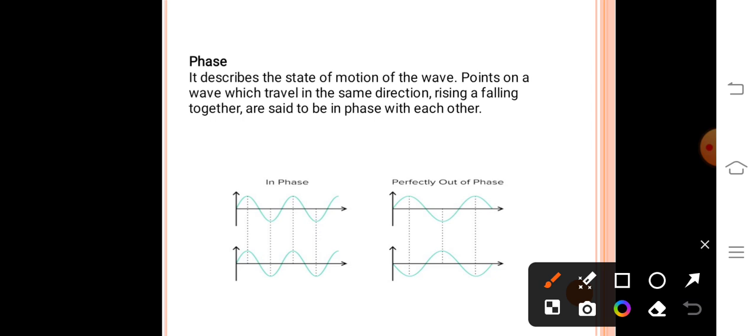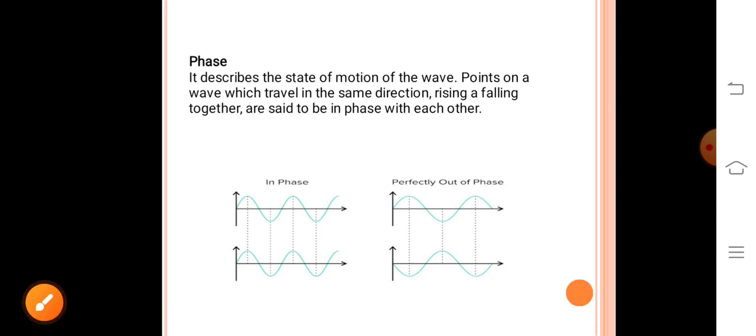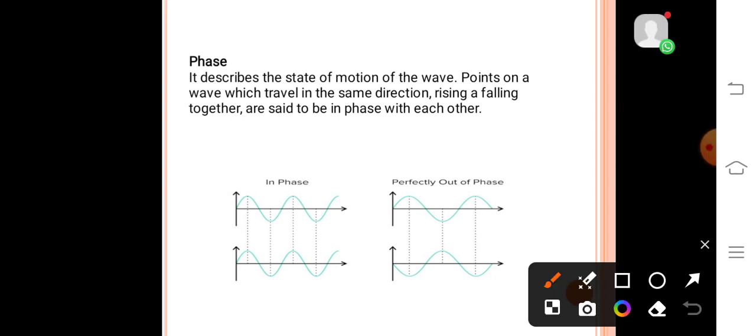Next one is the phase. The phase describes the state of motion. It describes the motion when points on a wave travel in the same direction. In this graph we see that the points of the waves travel in the same direction. The rising and falling direction is the same in this graph, so we say that the waves are in phase with each other.